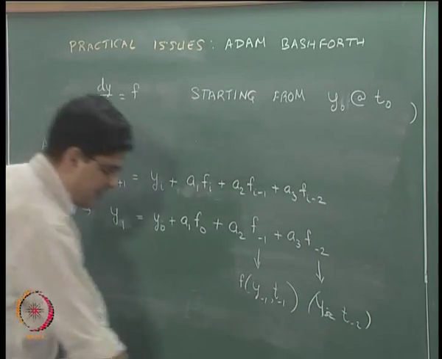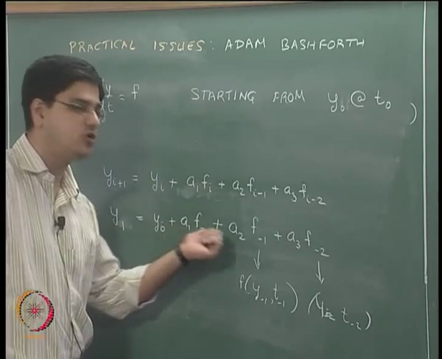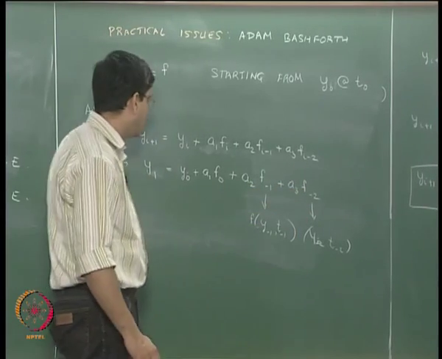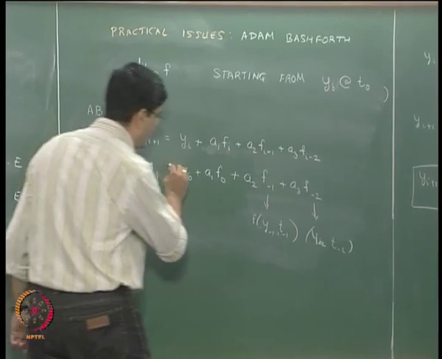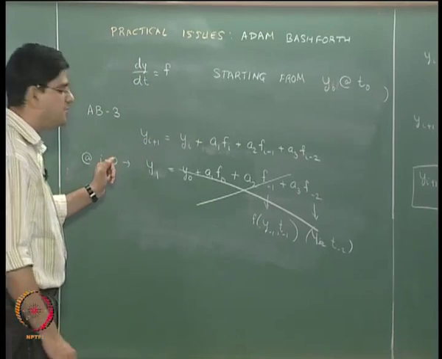Okay. Keep in mind that we know the value at y0, we do not know the value at y minus 1, we do not know the value at y minus 2. So at i equal to 0, Adam-Bashforth method cannot be used.